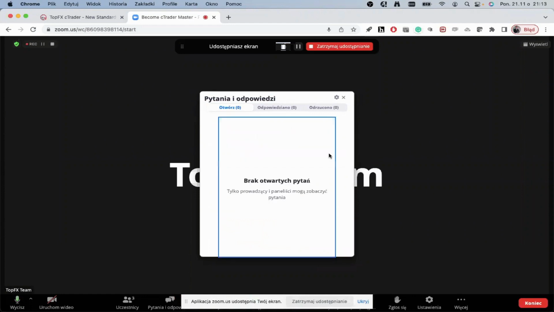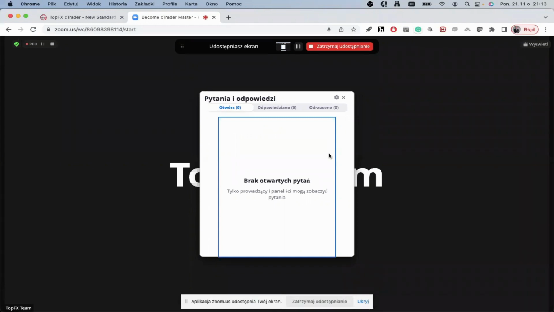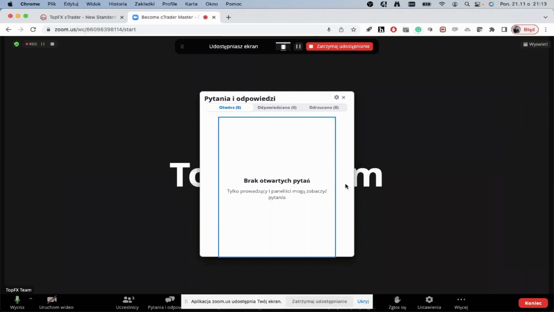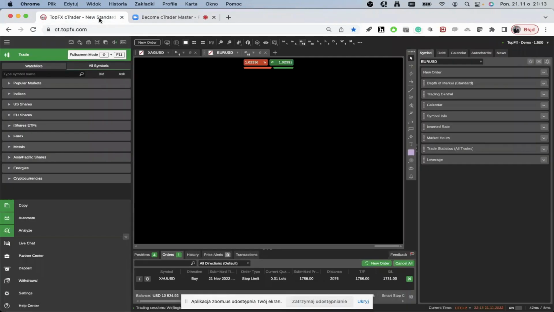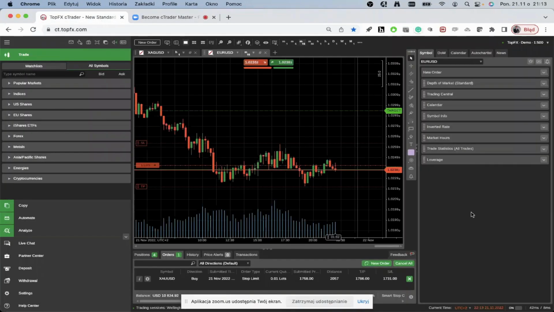So I hopefully explained the Autochartist in a pretty decent way, and I think we are going to continue to show you guys the opportunities inside the cTrader.